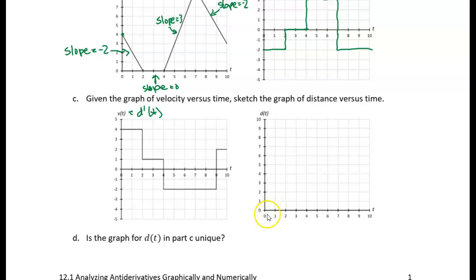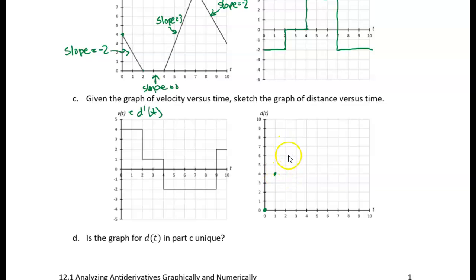This is telling us the slope of the curve, but we don't really know where to start. But let's just say that we start at 0, 0. Our initial distance, we're starting at our reference point. And then it looks like our slope is +4 for 2 seconds. Over the first second, I'm going to travel 4 units.